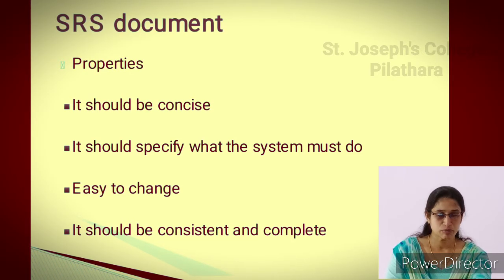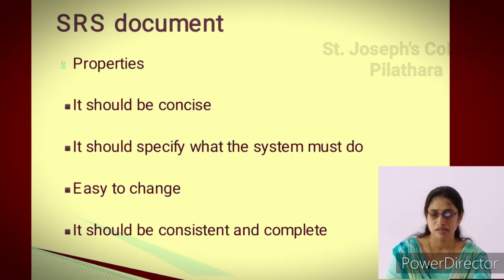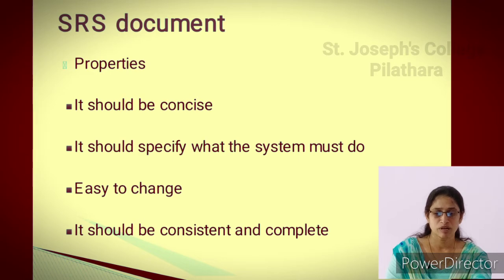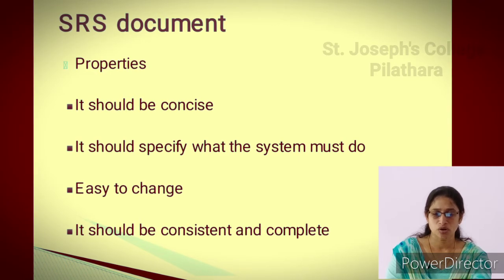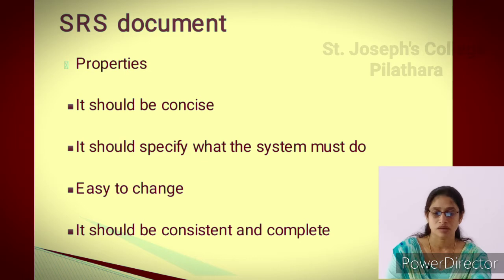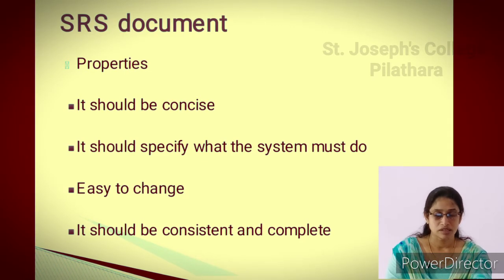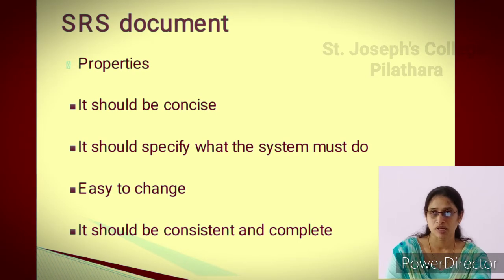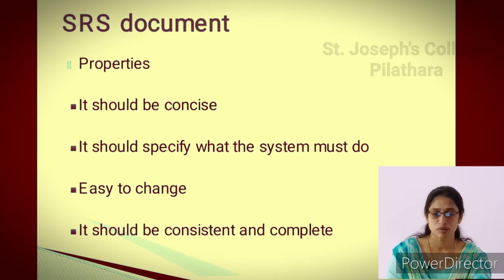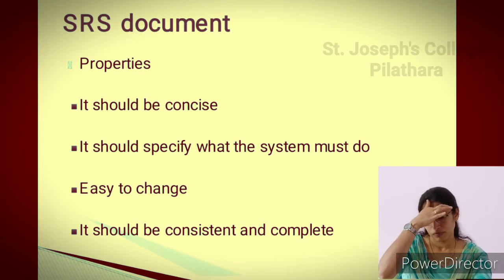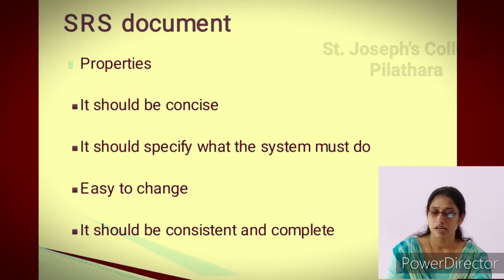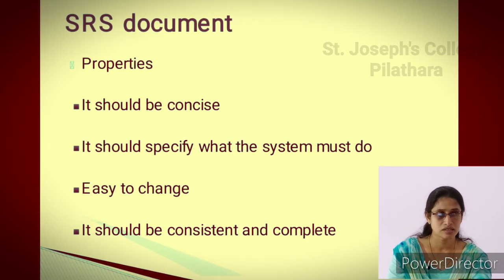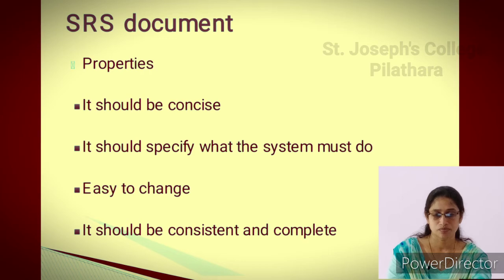Traceable means for a specific functionality we should be able to identify which part of the design and which part of the code implements it, and so on. To be able to have traceability, the first thing is that we should structure the document properly. For example, the functions are to be precisely written. Each function should be identified by a number or some ID and should be written at one place.